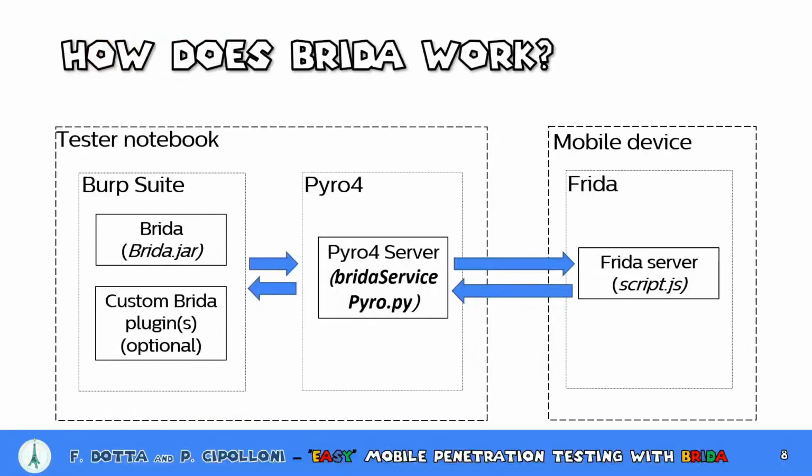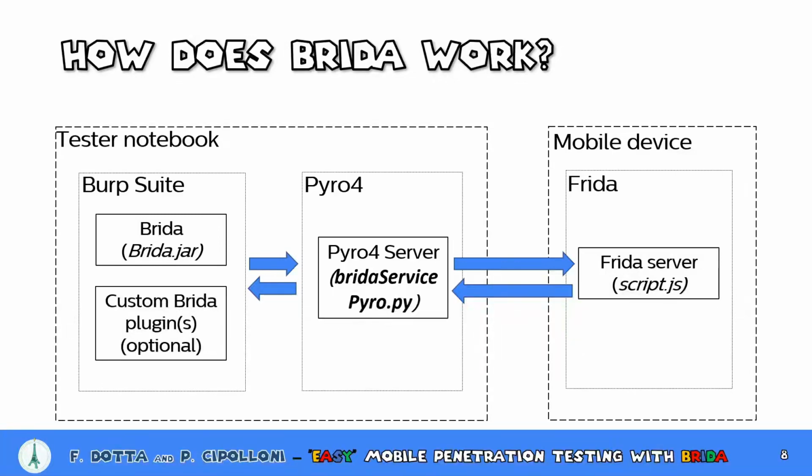How does Brida work? Brida is made up of a main plugin that creates the bridge and that offers a lot of different tools. This plugin creates a Python server based on Pyro 4, which is an RPC library, that allows it to talk directly with the Frida server that runs on the mobile device.